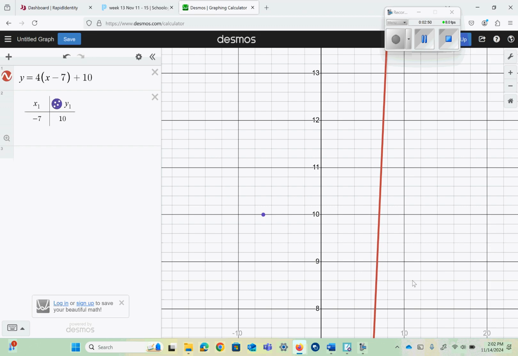I'm pretty sure about that, right? So the mistake was made with this problem. The -7, 10 is that purple dot. Y equals 4 parentheses x minus 7 plus 10 is the red line. So does anyone know what error was made?